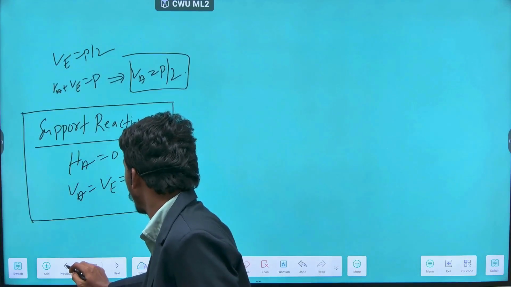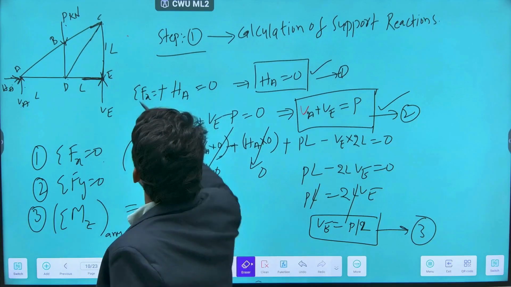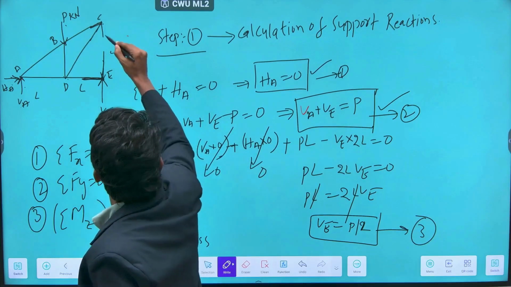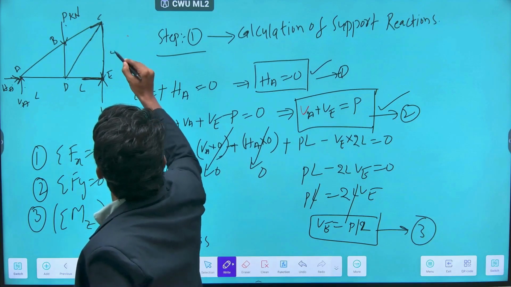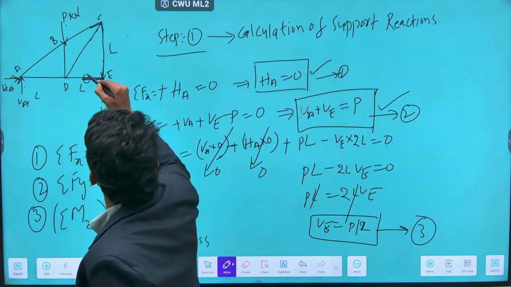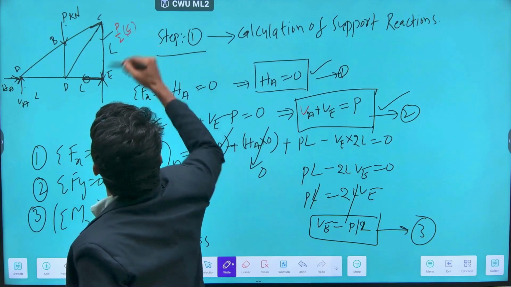So we have calculated the forces in this member and in this member. This member is a zero member, and this member I have got as P by 2 compression.